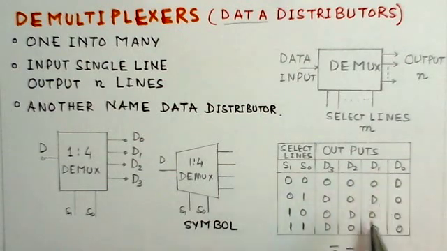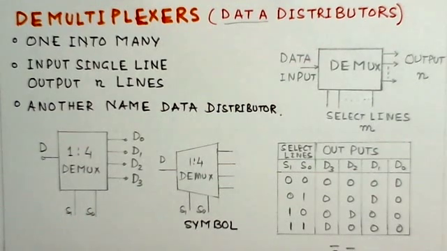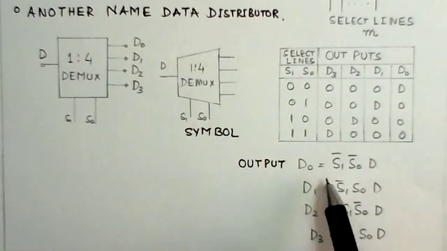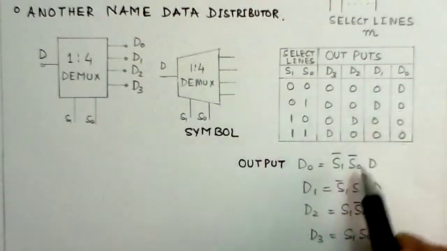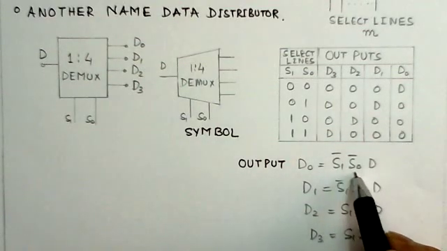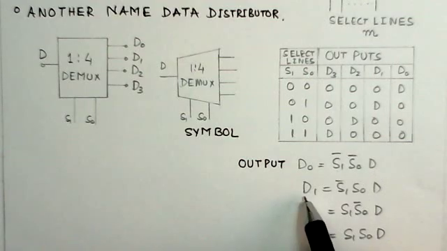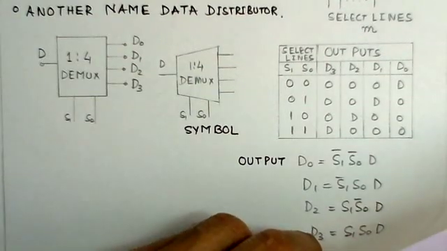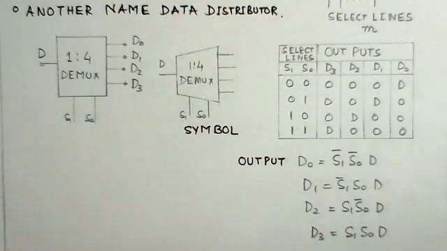You get an output, and these are the corresponding output equations, how you get D0 = S1 bar S0 bar D, similarly D1, D2 and D3. So it is very simple, and you can follow it very easily.